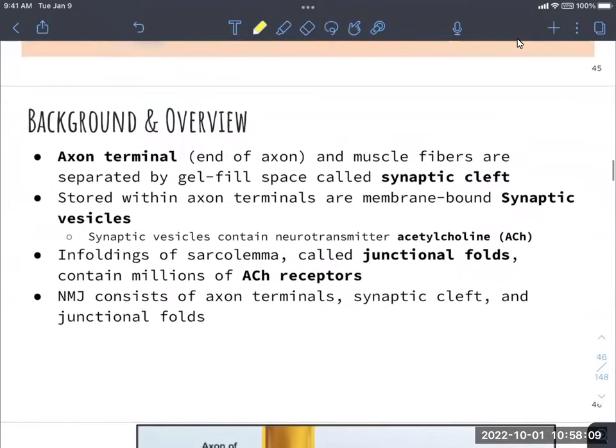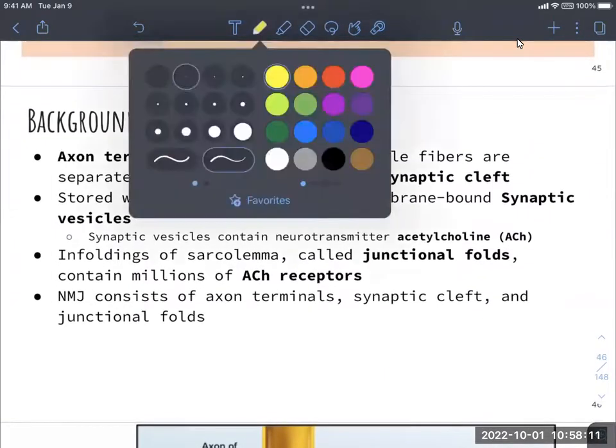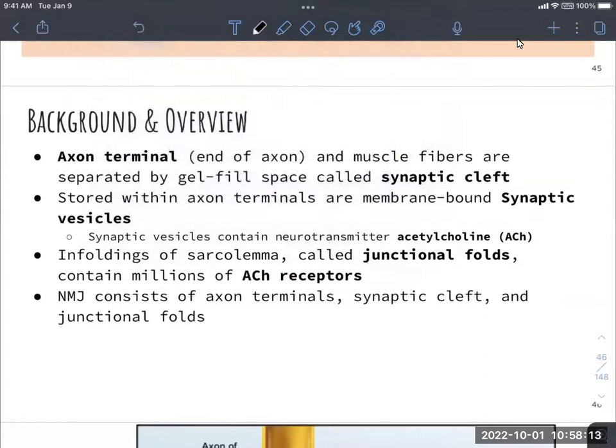So where that nerve comes in, here's my nerve coming in. It's going to attach to a muscle cell.